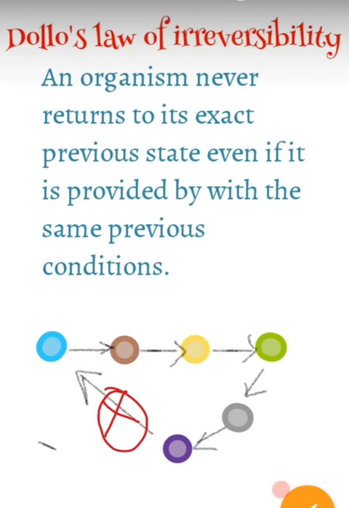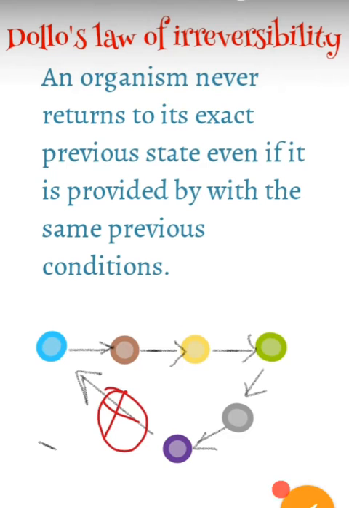Next, we'll talk about Dollo's law of irreversibility. The word irreversibility shows that there is a sort of irreversibility. According to this law, an organism never reverts to its exact previous state, even if you provide it the same previous climatic conditions or factors.